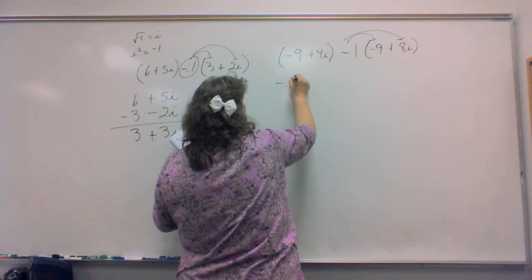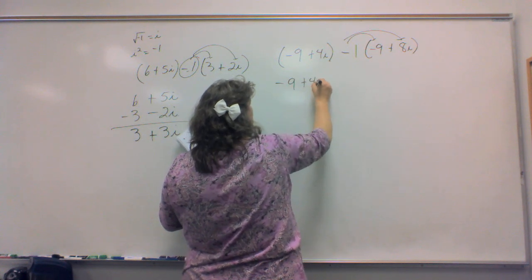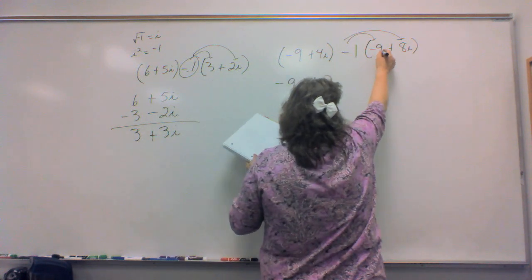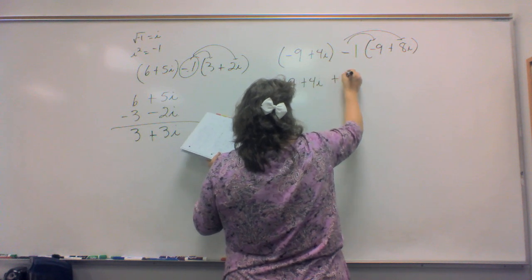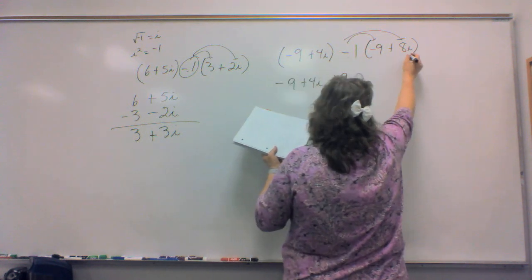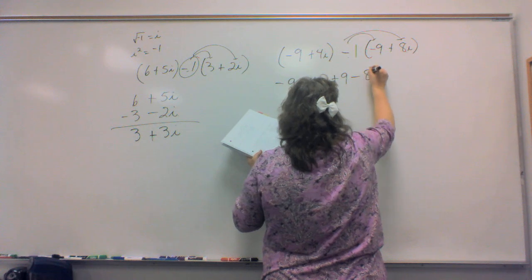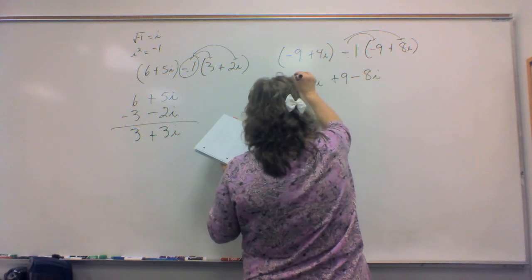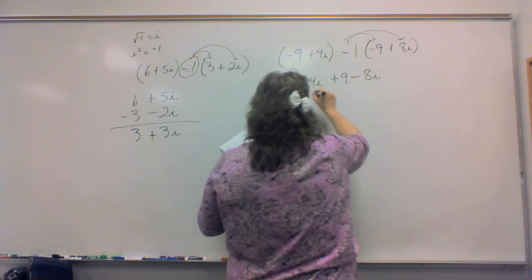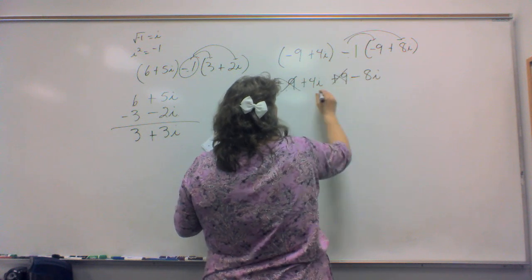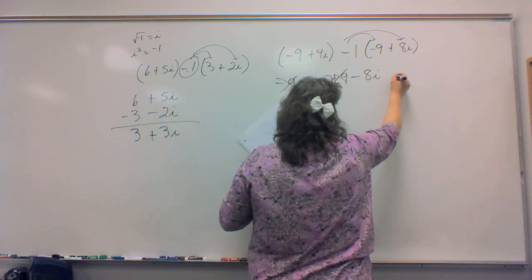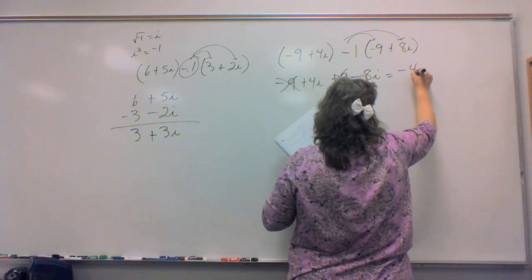So I have -9 plus 4i. -1 times -9 is plus 9. And -1 times 8i is minus 8i. -9 plus 9 is 0. 4i minus 8i is -4i.